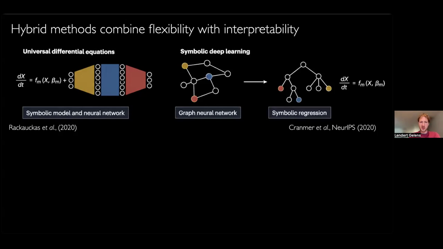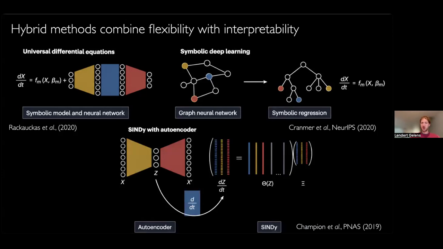You can also do symbolic deep learning, where a graph neural network is used to learn interaction structure from data, and then use symbolic regression to translate that learned structure into explicit equations. And there's also SINDy with autoencoders, and that addresses an important limitation of SINDy, and that's the fact that it struggles in very high dimensions.